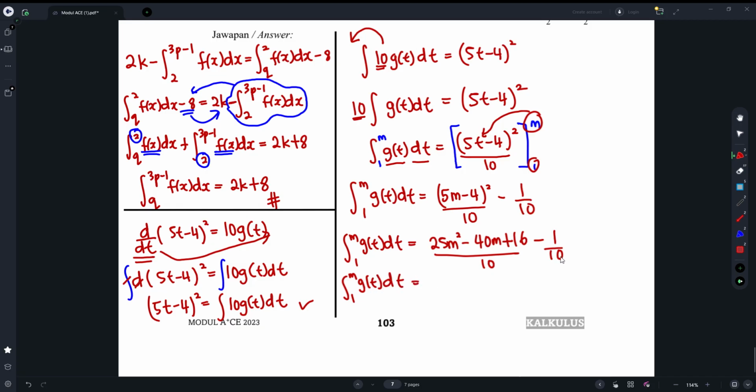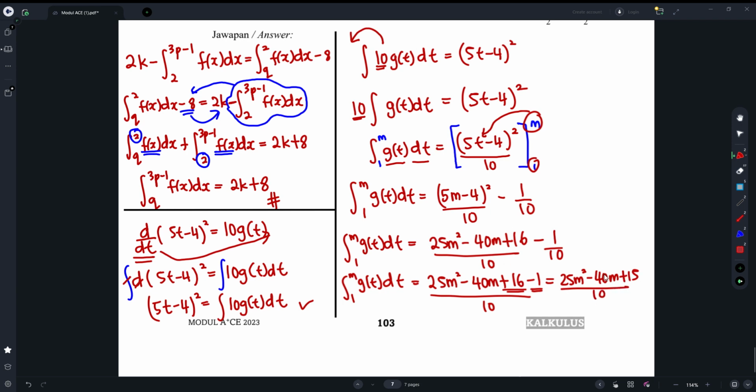You just need to make them into one single term, because here we have two terms. Since the denominator is the same, you might as well bring them together like this. So you'll have plus 16 minus 1 over 10. In which you'll get 25m squared minus 40m, and this 16 minus 1 becomes positive 15, over 10.